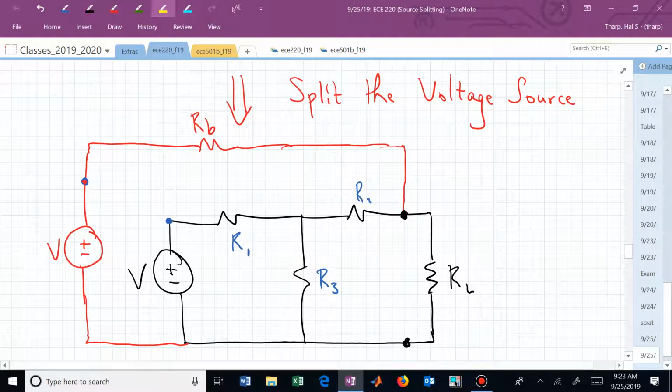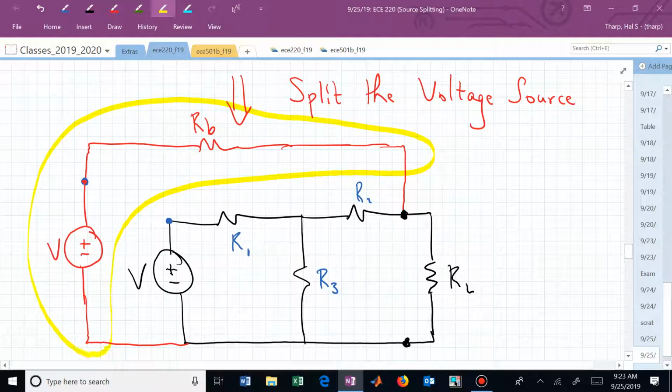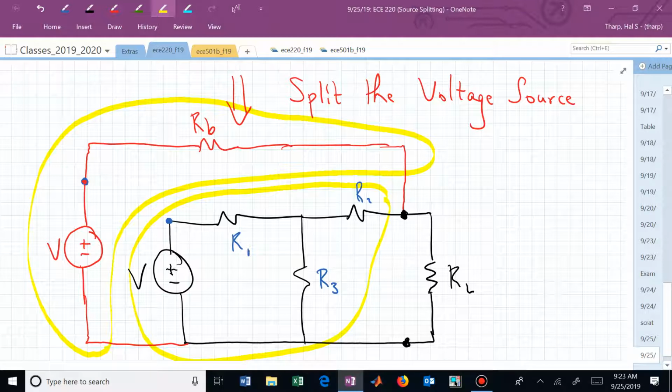What I'm wanting you to see is if this and this were simplified down to a parallel combination, those two pieces would be in parallel. And then I could combine them and then get a Thevenin. But that's going to take me a couple of steps.